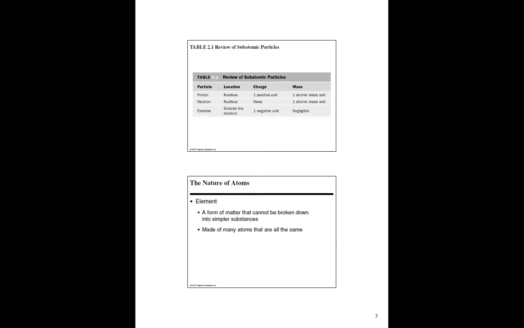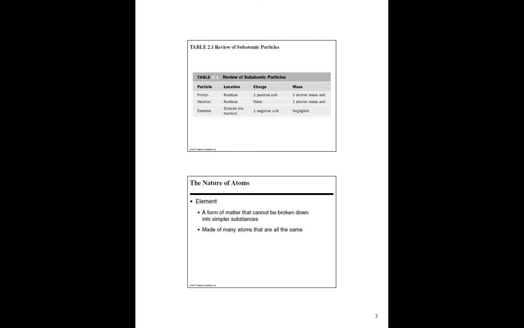And if we look at the mass, most of the mass of that huge atom, using the analogy of Lambeau Field, that small marble at the center yard line would be the mass. Most of the mass of the atom is in that nucleus. So that nucleus is very powerful. Those protons and neutrons play a significant role in the mass of the atoms. But the electrons, like I said, are participating in the bonding behavior.